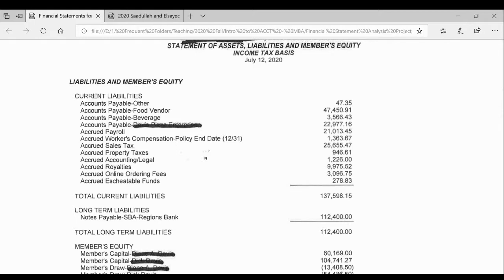Okay, because some numbers are crossed out because these are real financial statements and they're confidential, so we know the numbers, but we don't know exactly which company it belongs to. We know this is a Domino's Pizza store somewhere in Mississippi, but we don't know exactly where it is because these are confidential numbers. These are real numbers, and my boss gave them to me, and he also delivered a talk in the MBA class.